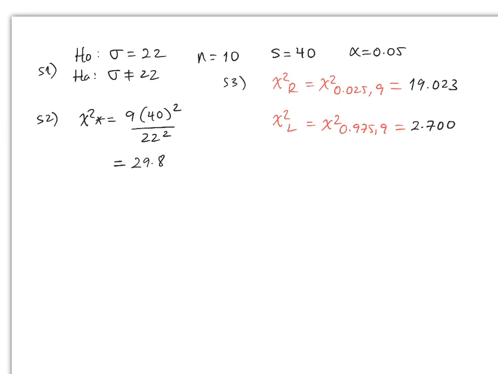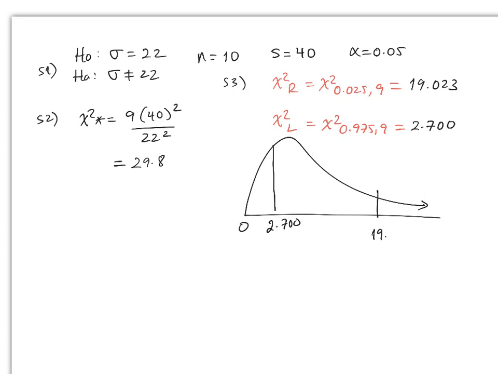Okay, so then draw the rejection region. You have 0, you have 2.700, 19.023, and again these are the rejection regions. Okay, and this one is the fail to reject.